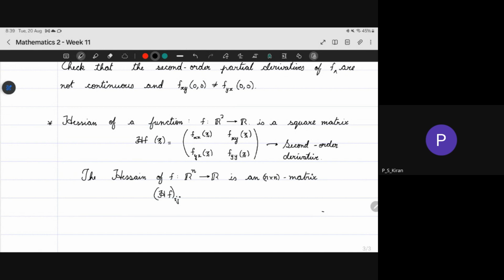The ijth entry of the Hessian matrix is nothing but the second partial derivative with respect to xi, xj.